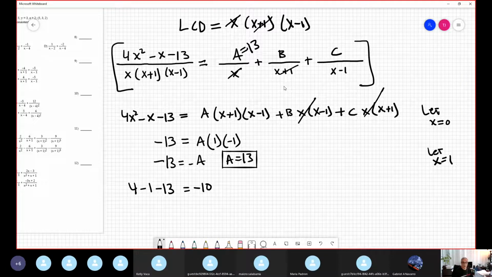Is equal, entonces when you add 1 here, it's obvious that that part is gone. 1 minus 1 is 0, 1 minus 1 is 0, and stay only C. C times something, times 1 plus 1 is 2. Therefore, negative 10 is equal to 2C, therefore divided by 2 both sides, C is negative 5. C is negative 5.